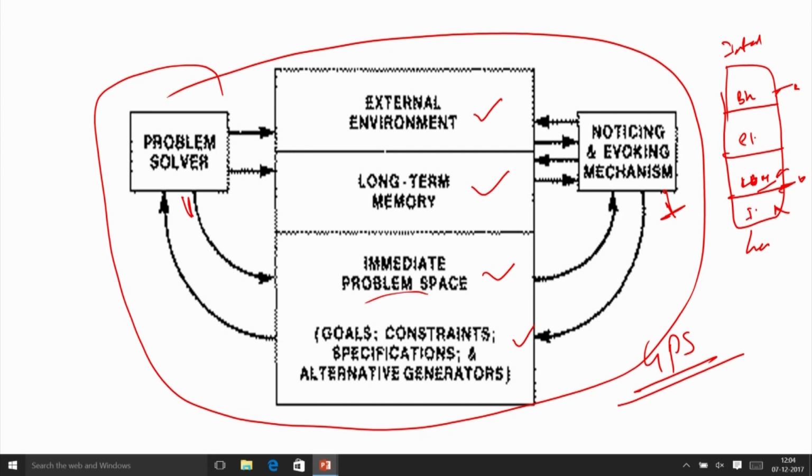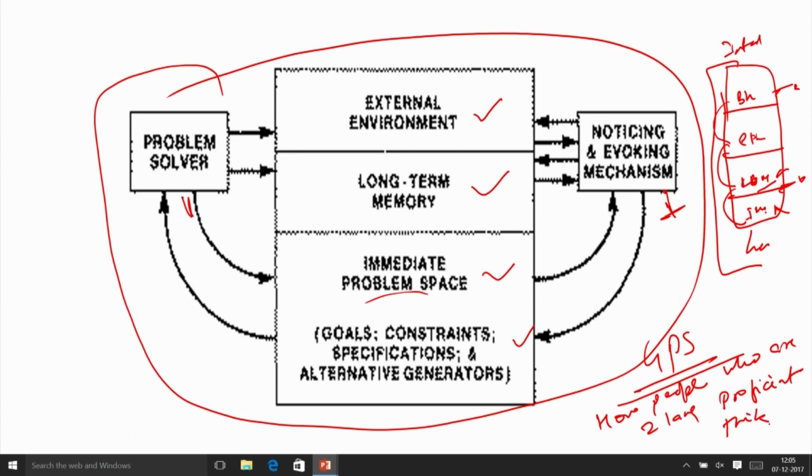So, this is electrophysiology and this is brain imaging, and from all these I will combine the results together to come up with the solution of how people who are two language proficient think, or how they come up with solutions. So, this is how the idea of a general problem solver is done.